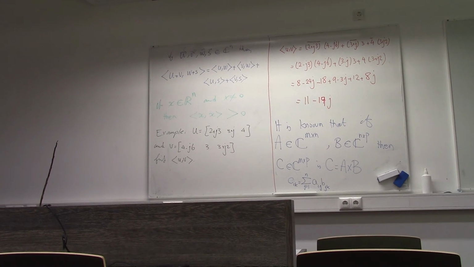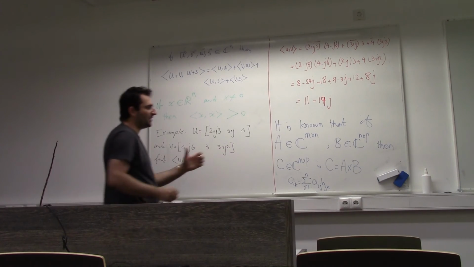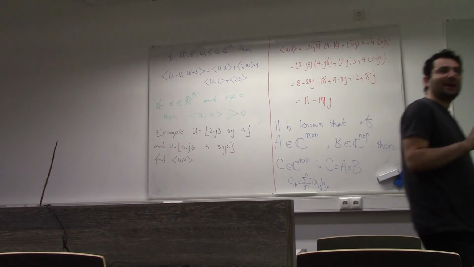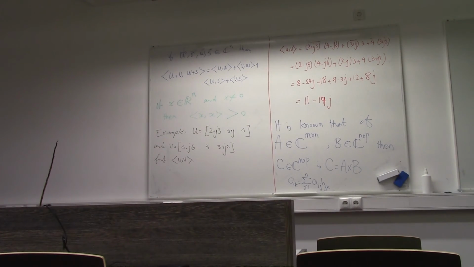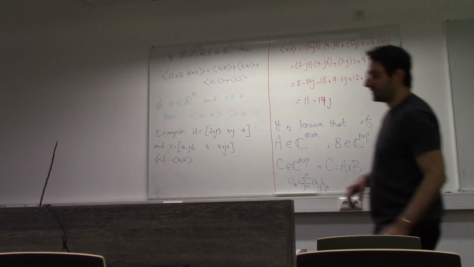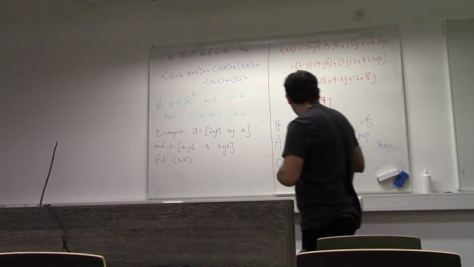Right? We knew that the multiplication of two matrices is valid if the columns of the first one are the same as the rows of the second one, right? So we had these conditions that these two should be equal to each other.